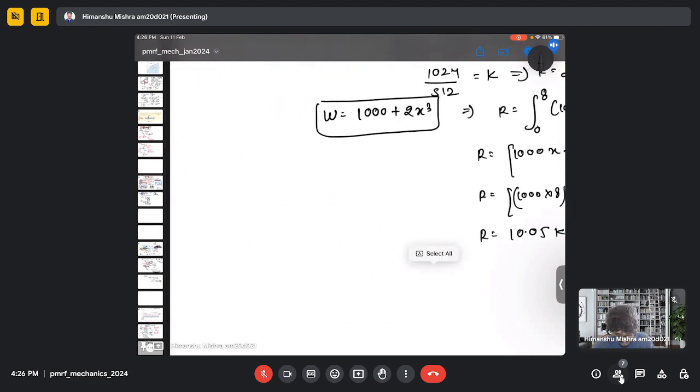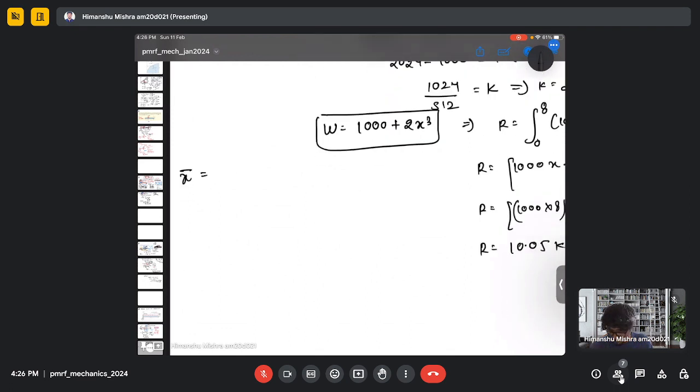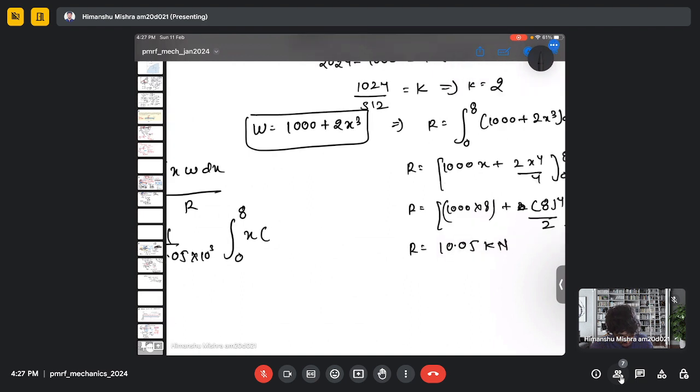And similarly, we can find the distance of this force from the base, which is the integral of x W dx by the resultant force. So my resultant force is 10.05 times 10 to the power 3 Newton, and W is 1000 plus 2x cube dx.